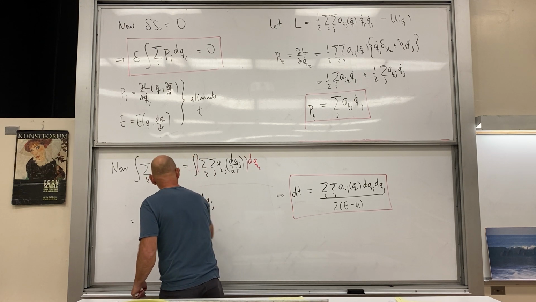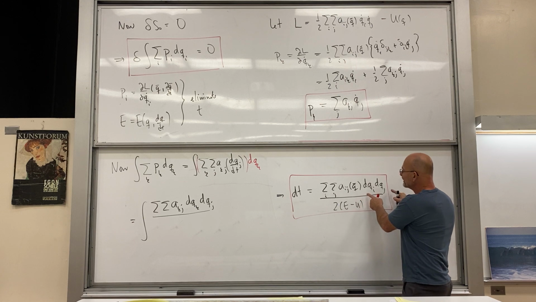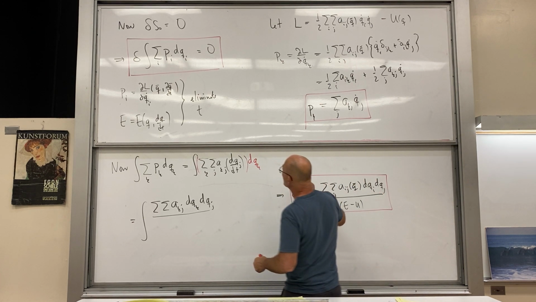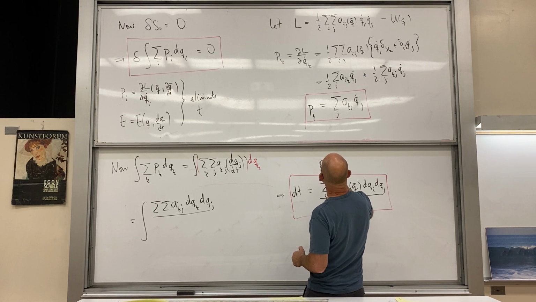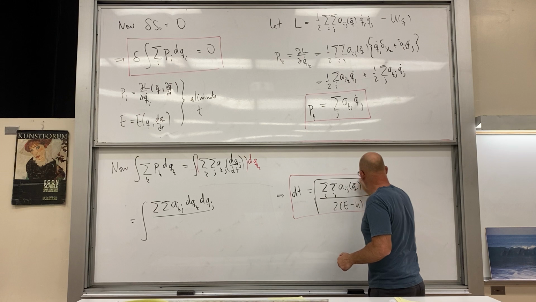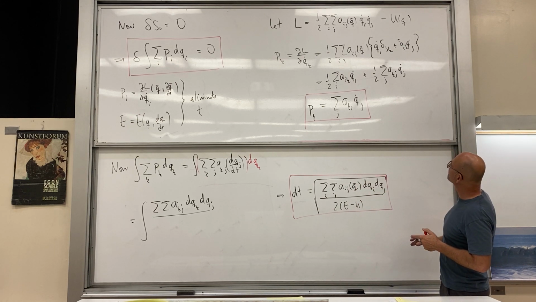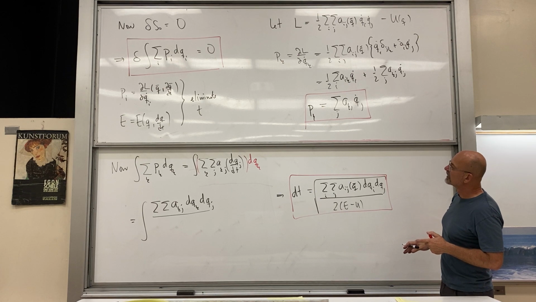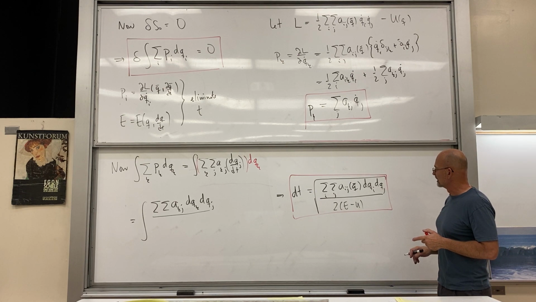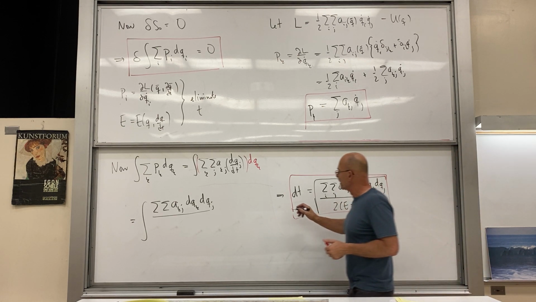I've got a single dt in the denominator, and that dt is this one right here. Okay. And oh, this dt, by the way, it's been erased, but this was under a square root. So make sure you come back and see where that square root was. I don't have it up there anymore, do I? It was definitely under a square root, because I had dt squared, right? Under square root.